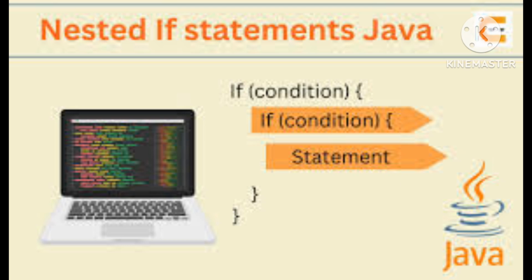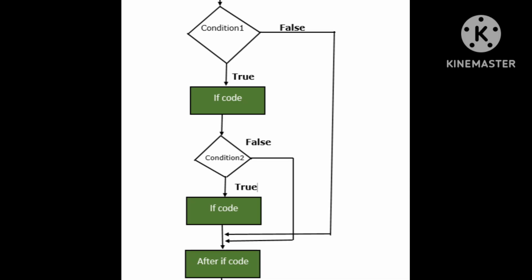Here there is an outer if condition and an inner if condition. If the outer if condition is satisfied, then only it goes to the inside if condition and prints the statement. If the outer condition is false, it doesn't check the inside if condition, which is the nested if.